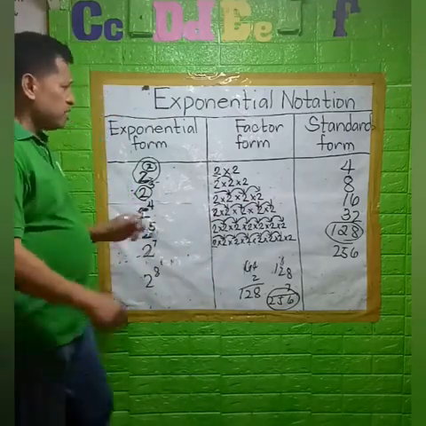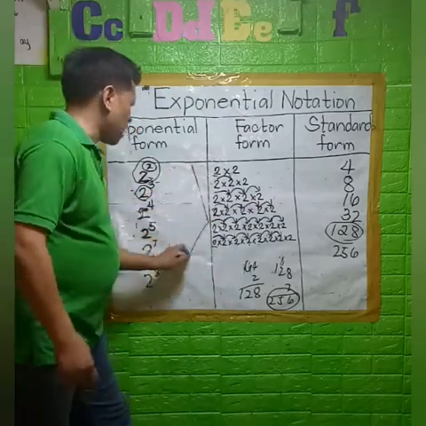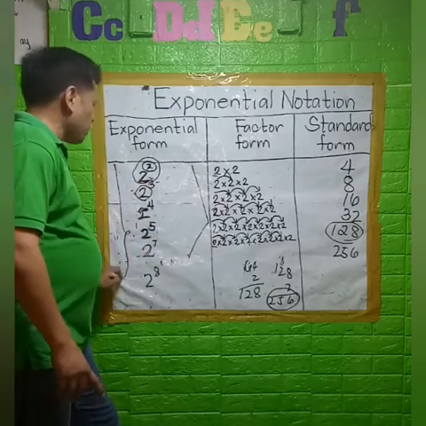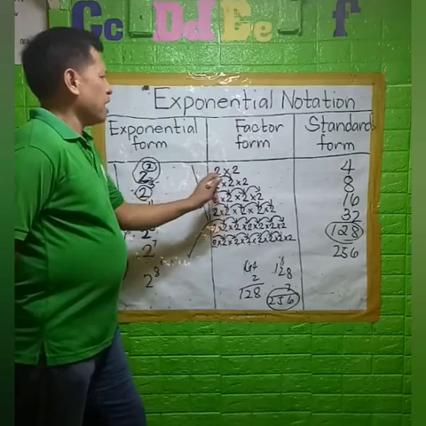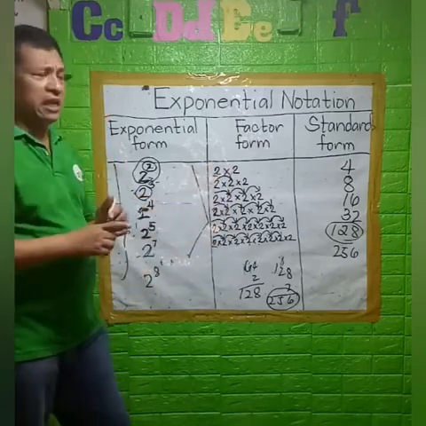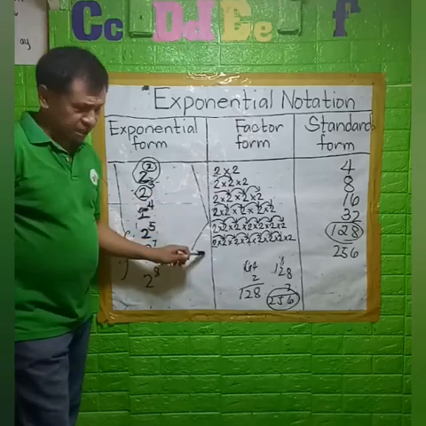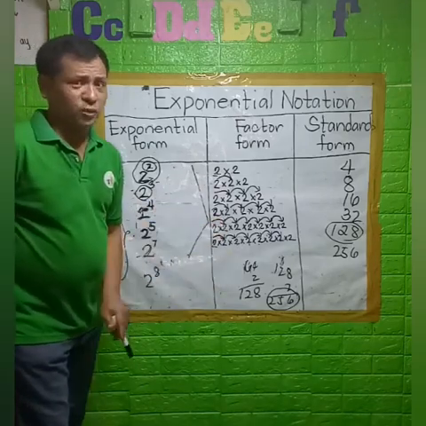Now, instead of using this one, we can use this exponential form to make our operation easier. Kasi kapag ganito po ang ating ginagawa, may tendency po na nalilito tayo.